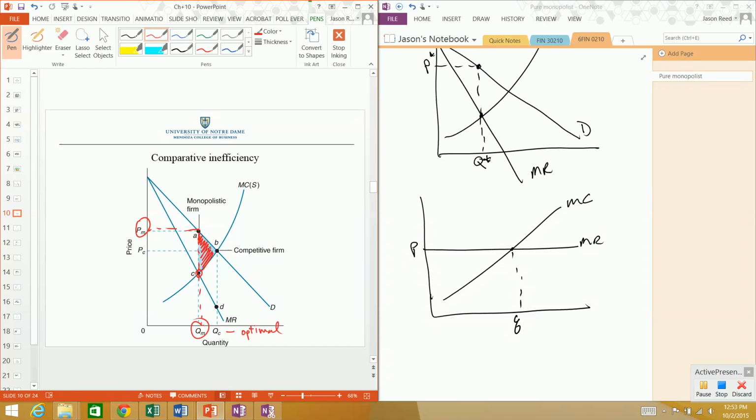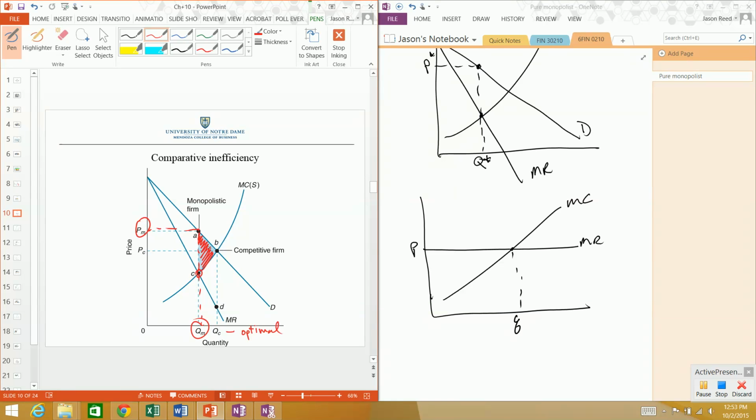If we want a real world example of this, let's think of the diamond industry and De Beers. Because they can control the amount of diamonds that enter the market, they have some sort of pricing power and are able to raise prices. So we again have our deadweight loss shaded in red, and this is the inefficiency that is produced from the monopolist.